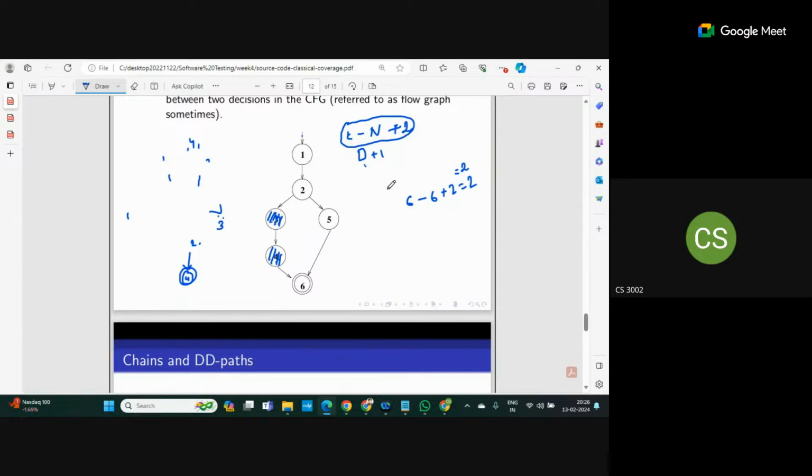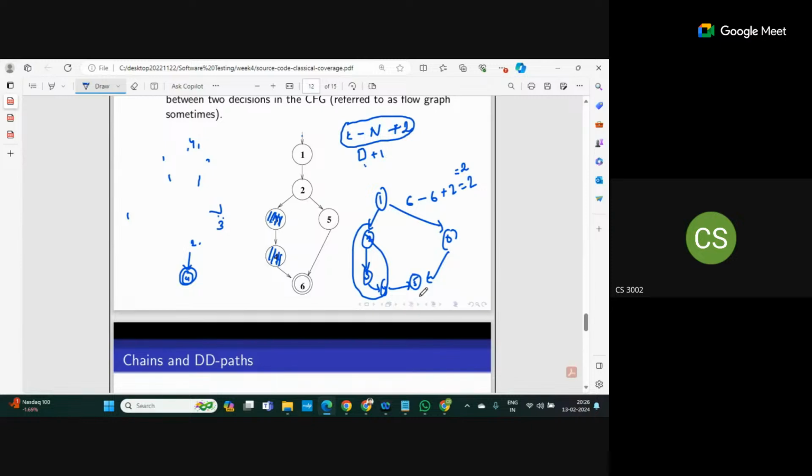So if I have a path, suppose I have a 1, then a 2, a 3, a 4, then a 5, and maybe a 6, directly reaching over here. Now testing them all together and testing them separately will have the same effect, right? So max chain covers a chain of maximum size. It presents a single node between two decision nodes.